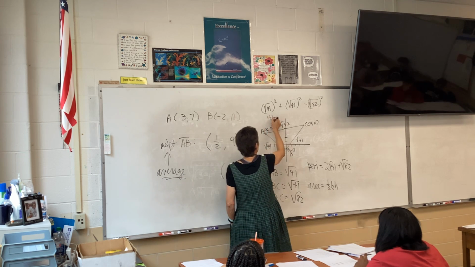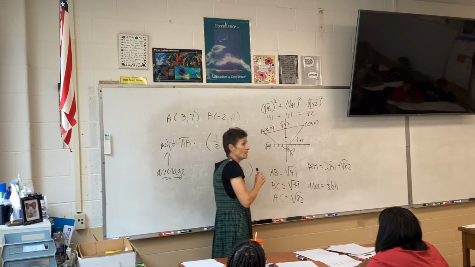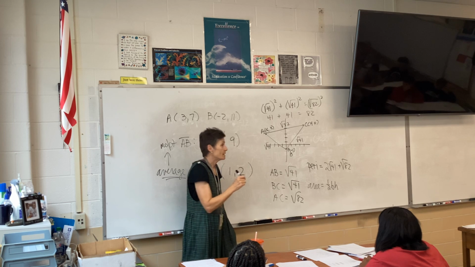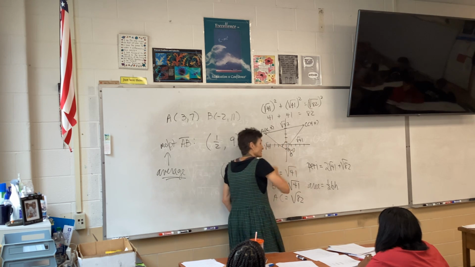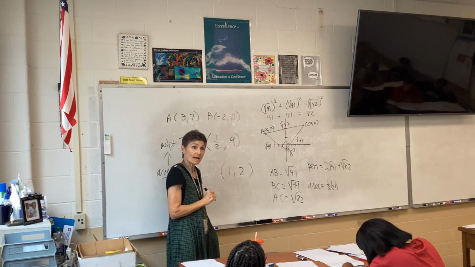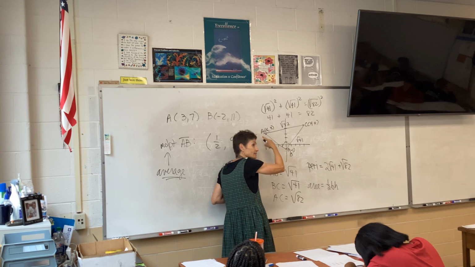Because 41 plus 41 equals 82. And if the Pythagorean theorem works, it means you have a right angle. And if you have a right angle, you have a base and a height.